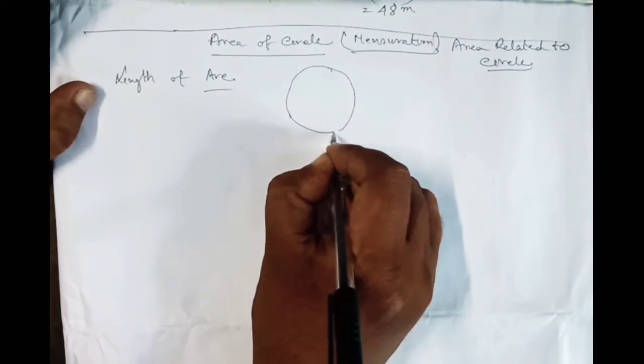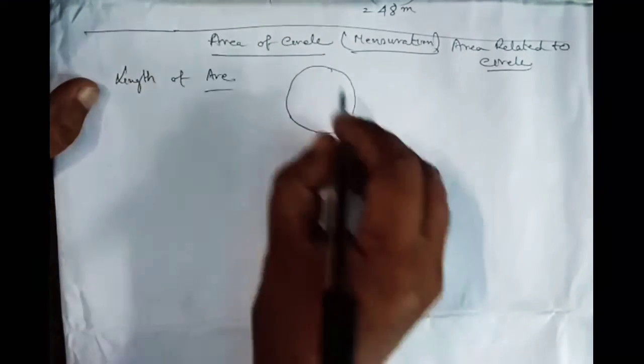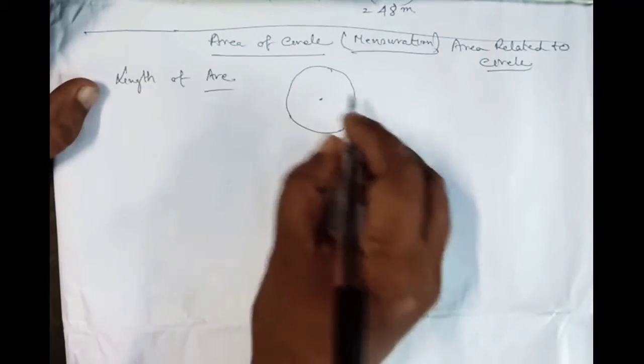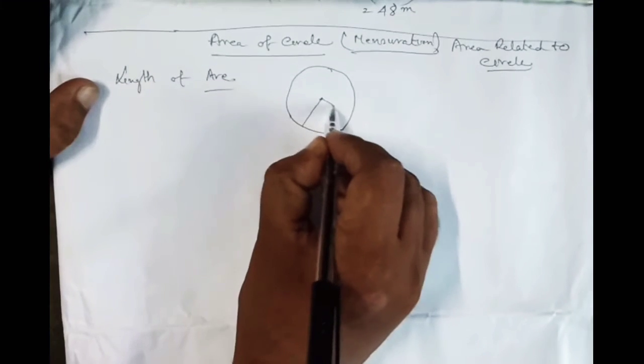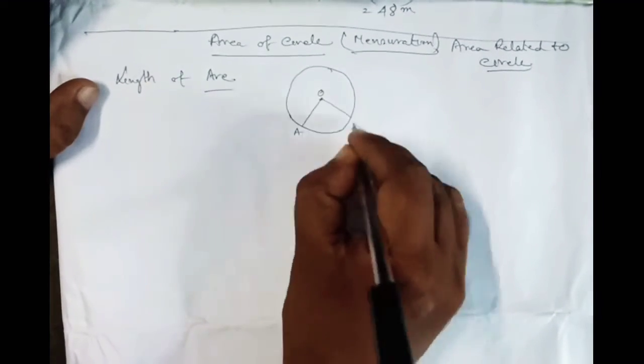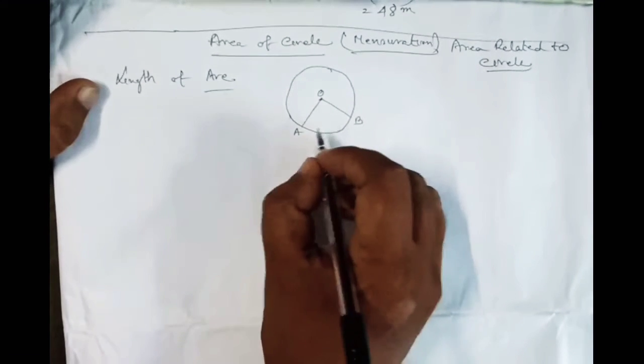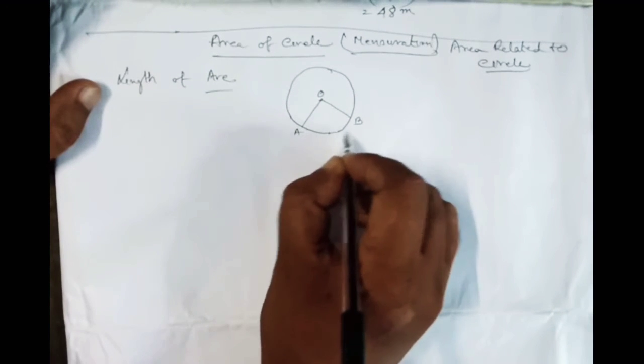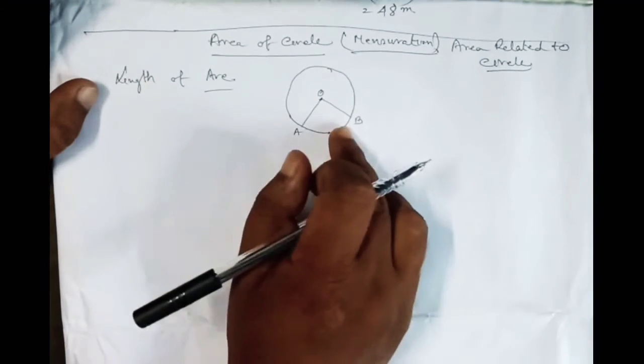This is a circle. This is two radius, OA, OB. So obviously ACB is an arc, or AB is an arc.